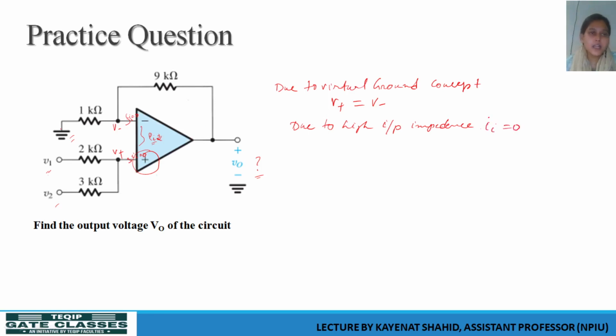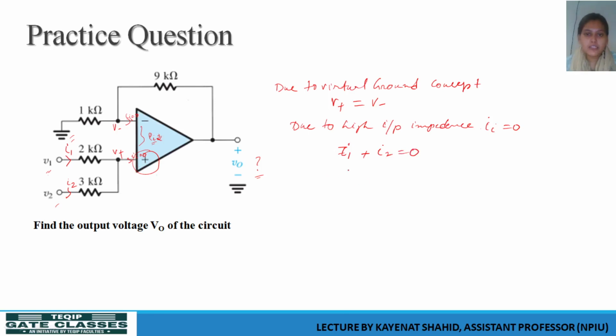Now we can solve for I1 and I2. If we apply KCL at the terminal V plus, we get I1 plus I2 equal to 0, because there is no outside current here.